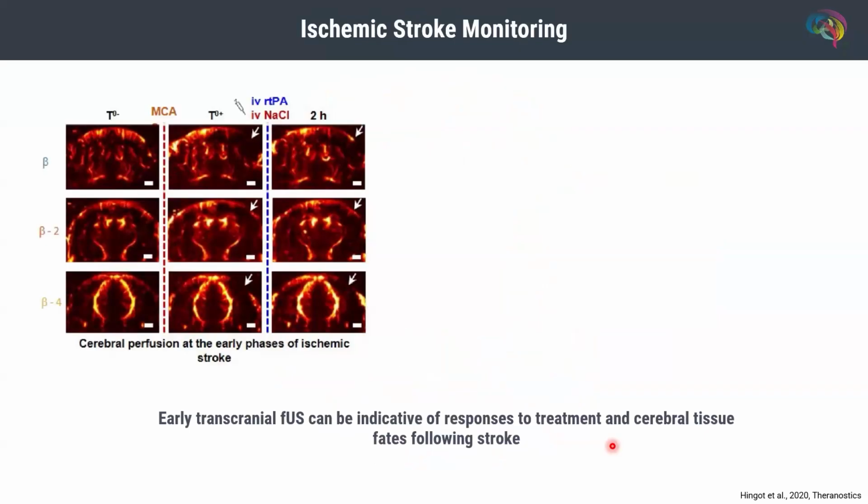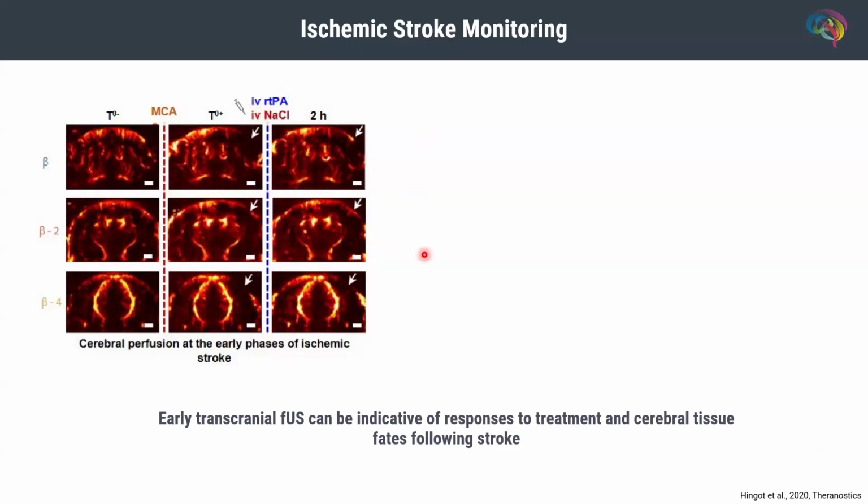The results here highlight functional ultrasound's unique ability to provide real-time imaging of brain perfusion immediately after the stroke onset. You see here at T0, you can already see a dark area related to the ischemic lesion, as well as after intervention. For example, here you see 2 hours after the intervention.